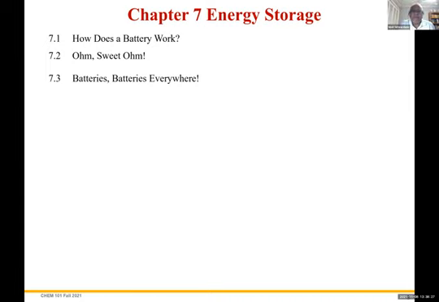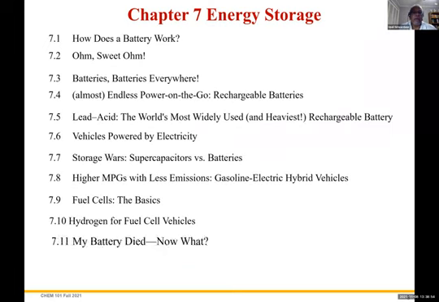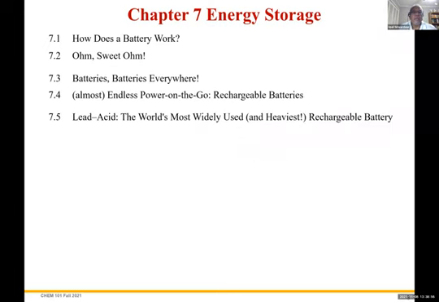Now batteries are everywhere. In your flashlight, in your car, in your computer, in your cell phone, batteries are everywhere. Cameras, etc. Pacemakers. So we need to know how we operate them and what kind of batteries are available.